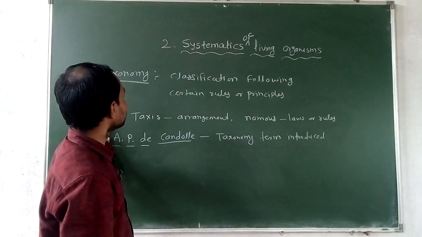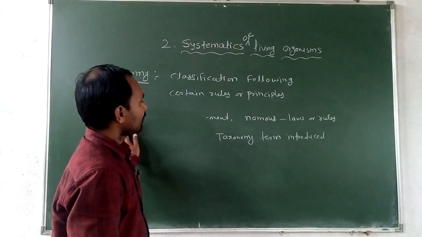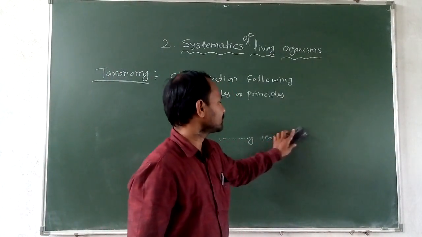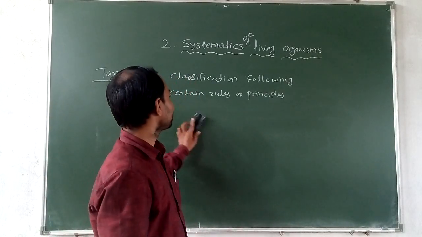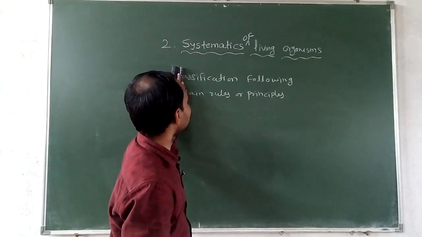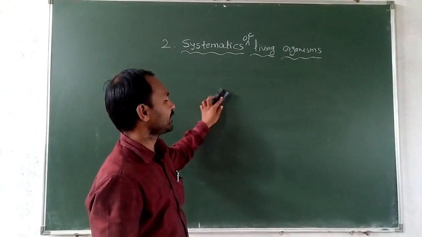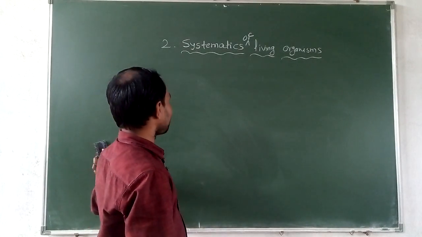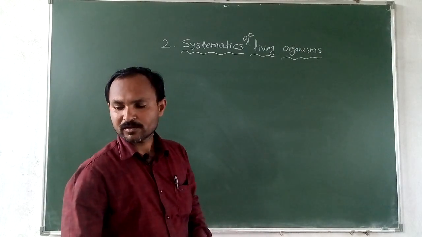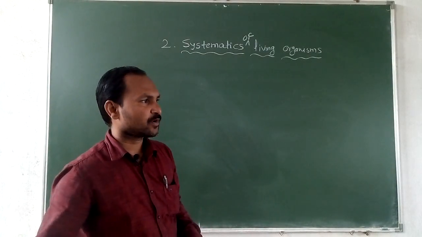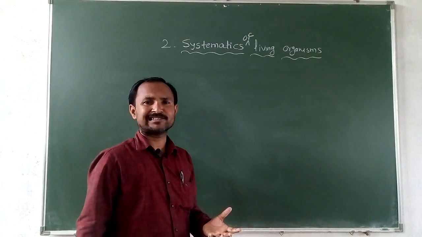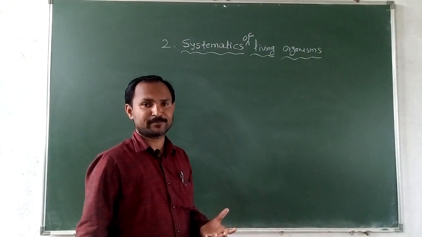Now the third one, classification. We know the classification. Classification is very important for the study of diversity. Without classification we cannot study the diversity of living organisms. The classification of any material is very important for study purposes.